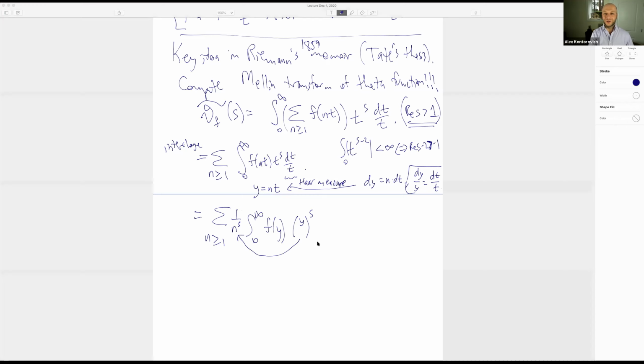And that's how characters work. I'm trying to emphasize the general nature of this calculation. You know that y over n to the s, y and n are positive real numbers, so there's no problem with pulling the 1 over n to the s out of the integral, since it has nothing to do with the y's. And dt over t is dy over y.